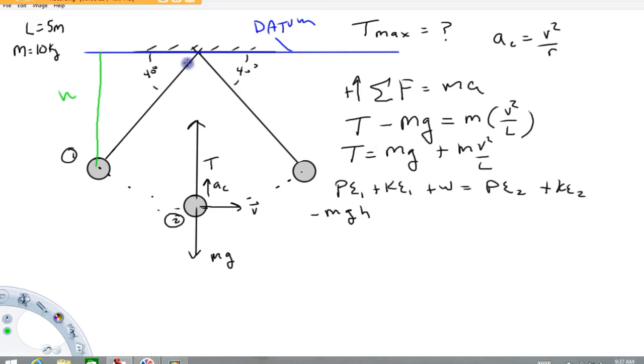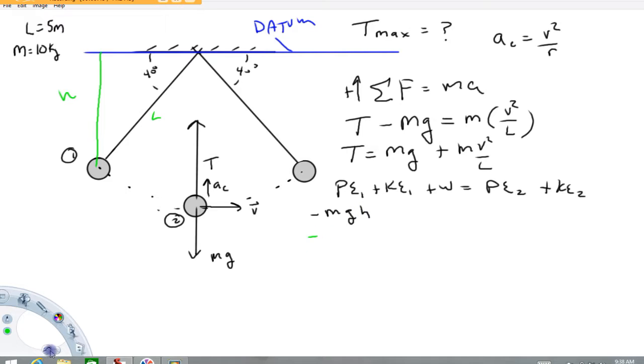Now, from this triangle right here, the hypotenuse of this triangle is equal to L, the length of the rope. So this height is opposite the 40-degree angle, so its magnitude is L sine 40. So I'm going to go back now and put L sine 40 right here.